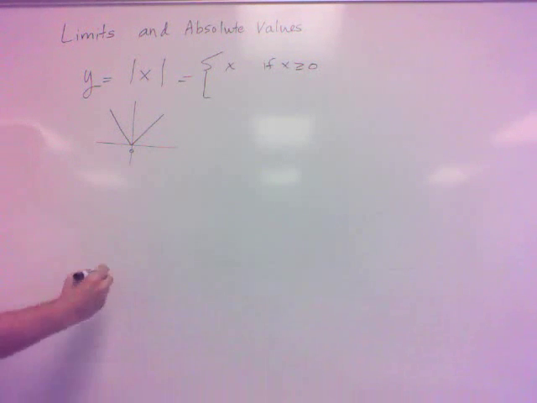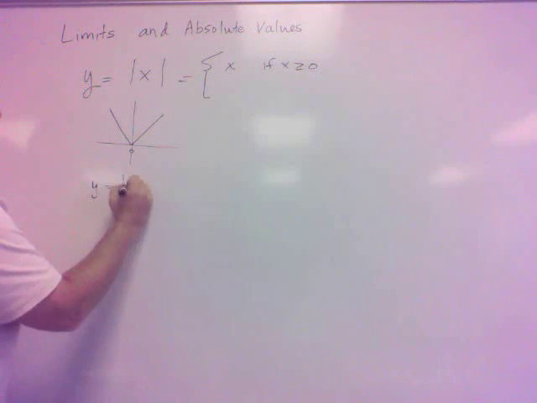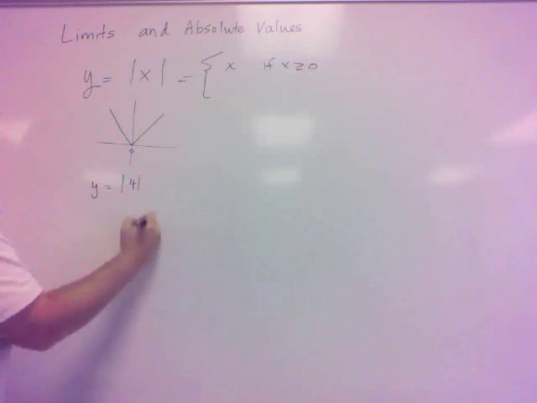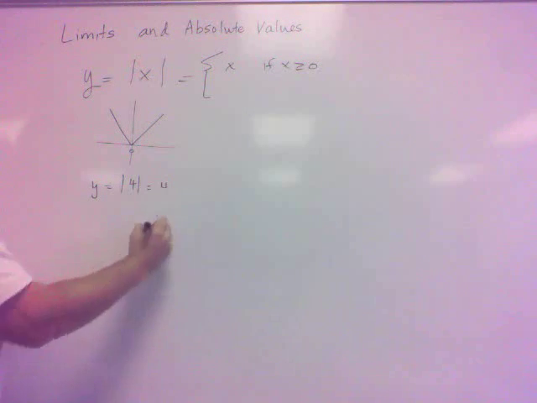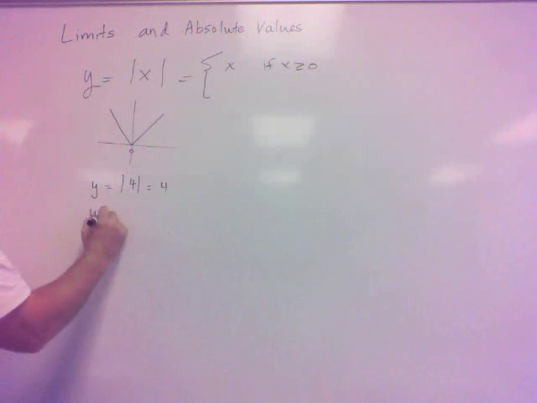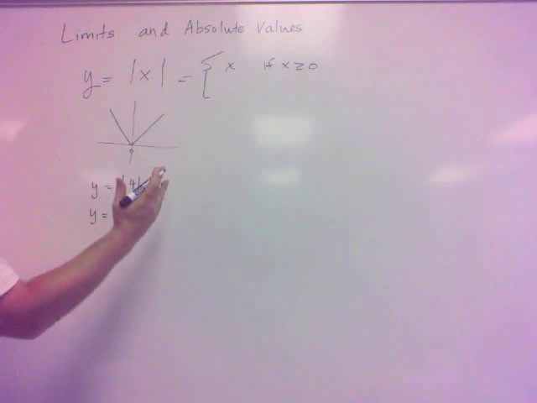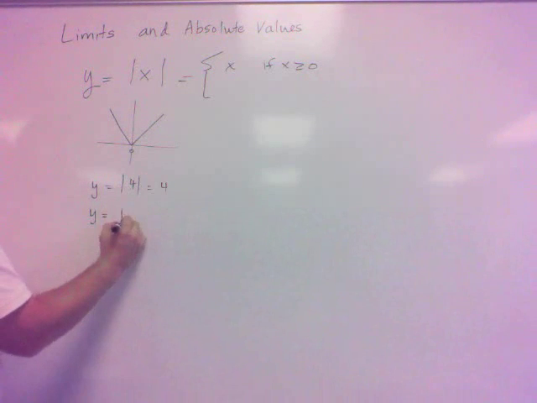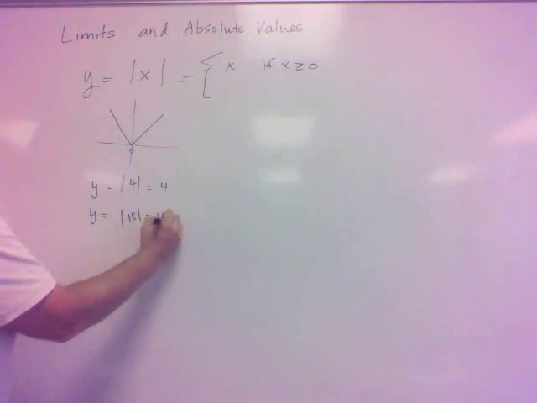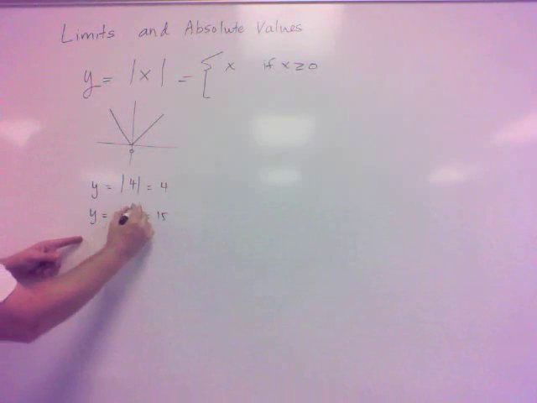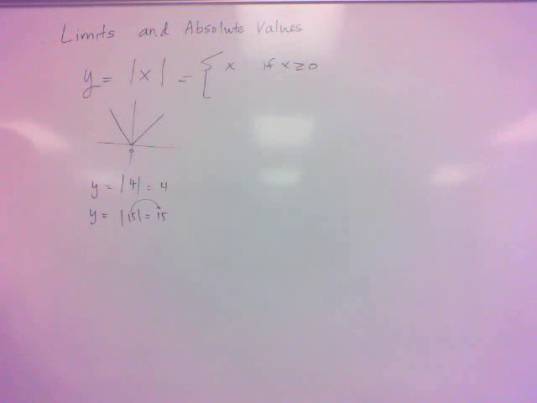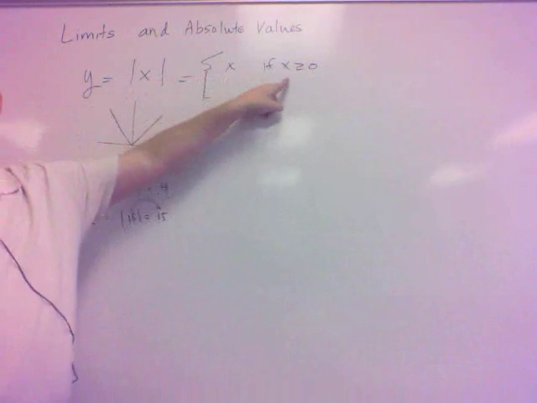For example, if y equals the absolute value of 4, if x is 4, doesn't that equal 4? Y equals, if x is 5 or 15, that's what we're saying. The x is the answer for if x is positive or 0, same thing. That's what we're saying right here.